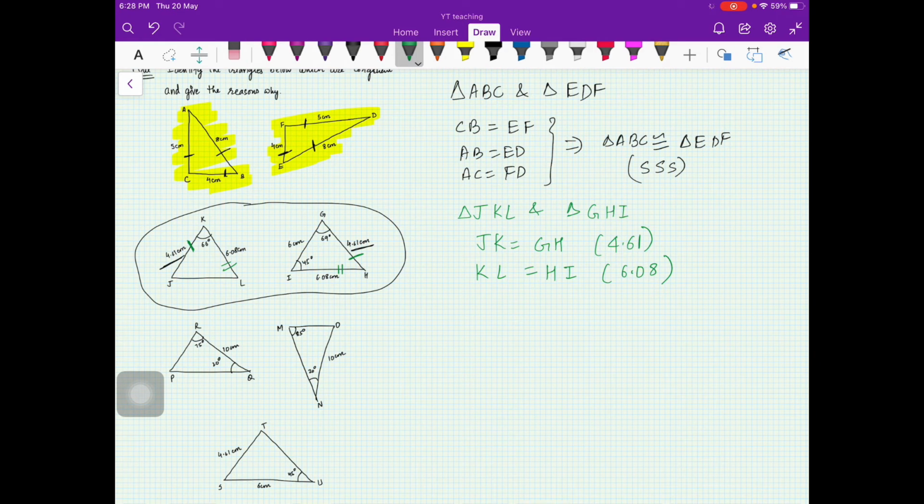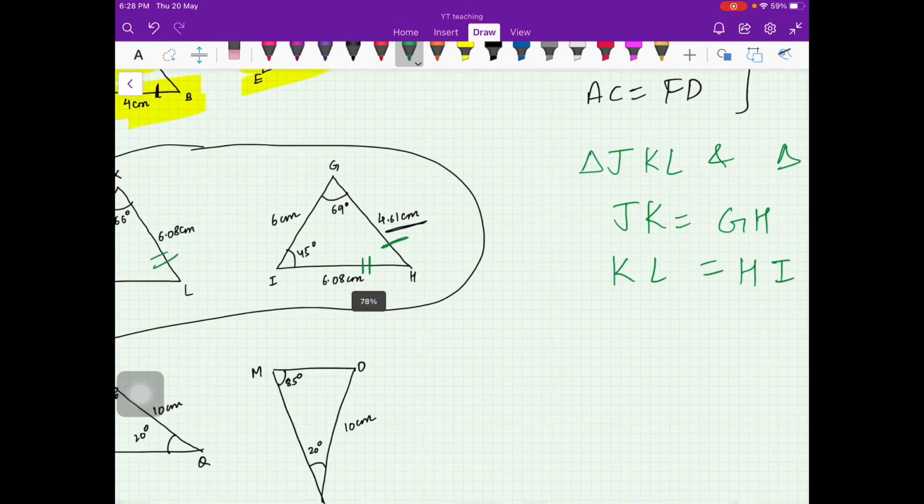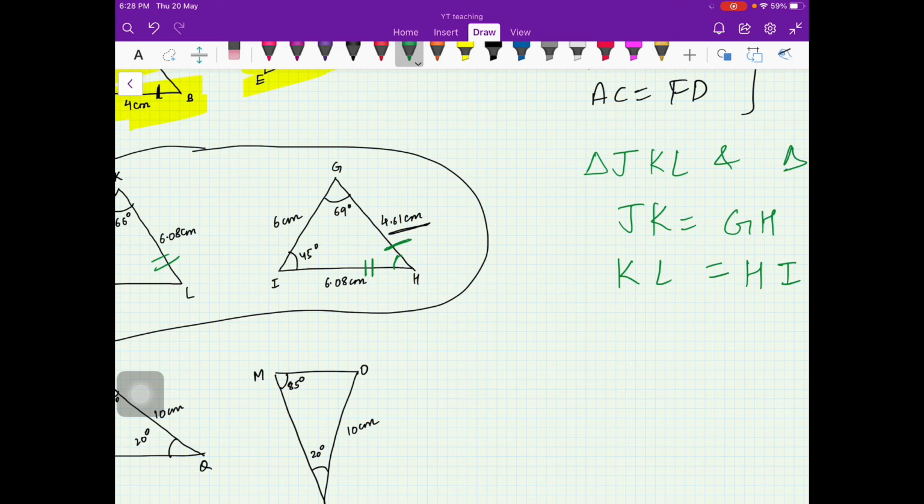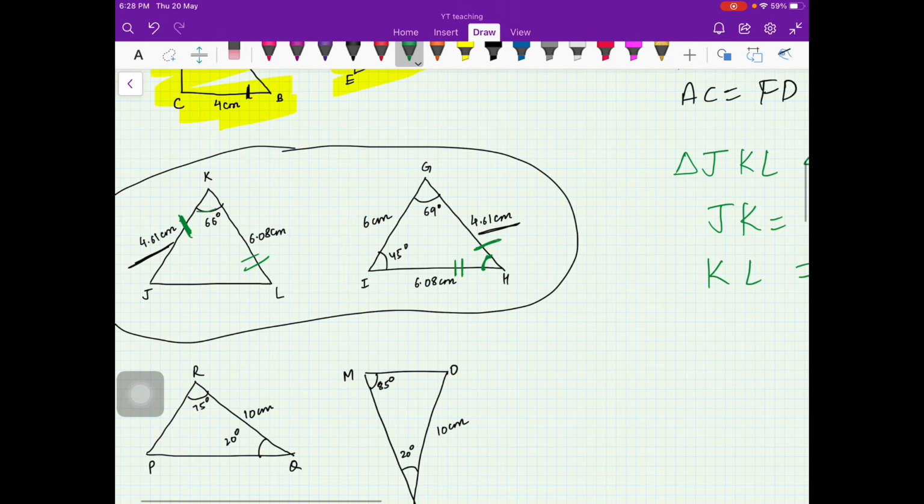Now I am trying to see if they are congruent, so I would try to find out this angle, because here I know that between these two sides there is an angle of 66 degrees. I would like to know the angle between these two sides.